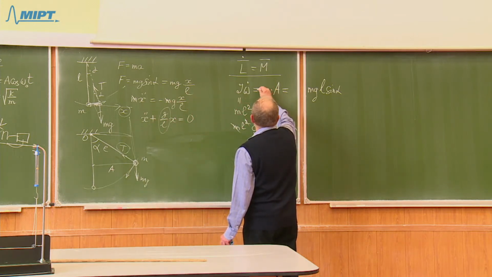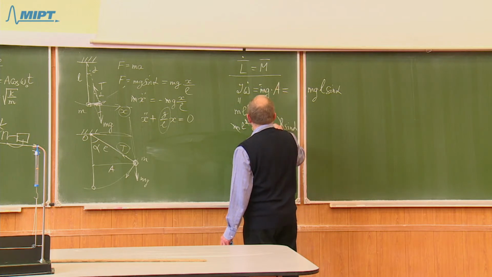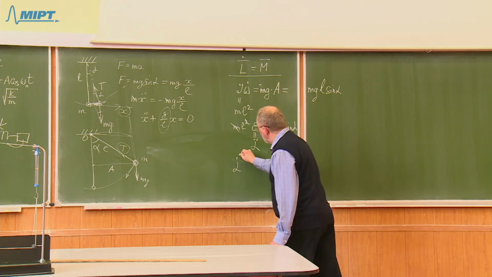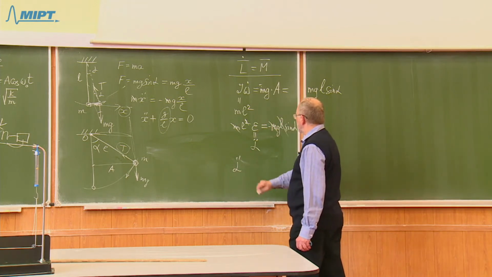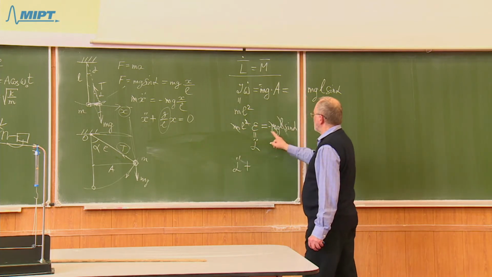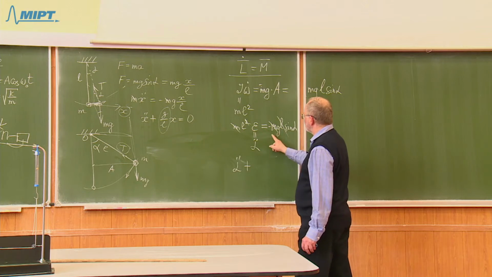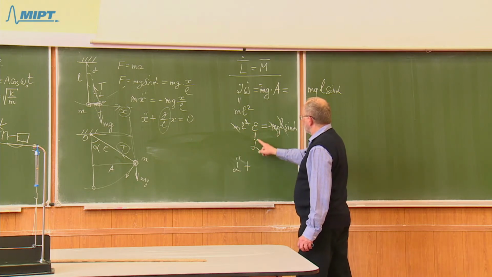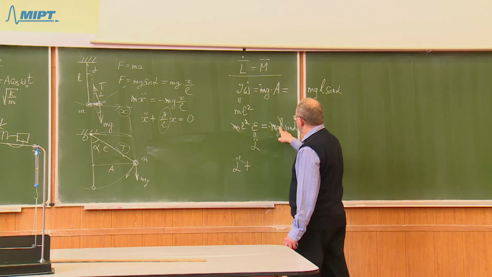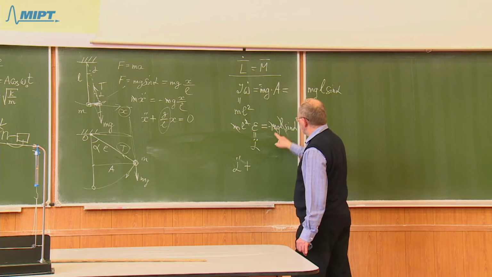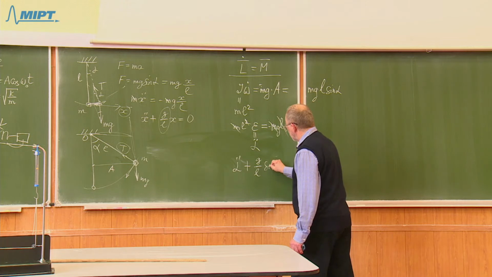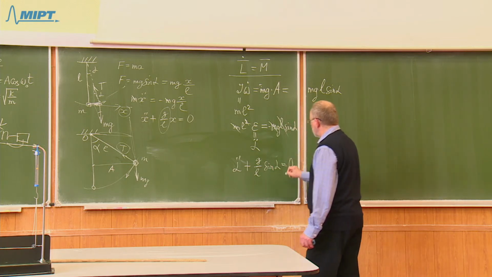So here must be a minus sign. And from this equation, I will find that the second derivative of alpha with respect to time, when I take this to the other side of the equality sign, plus g divided by L, sine alpha, equals 0.